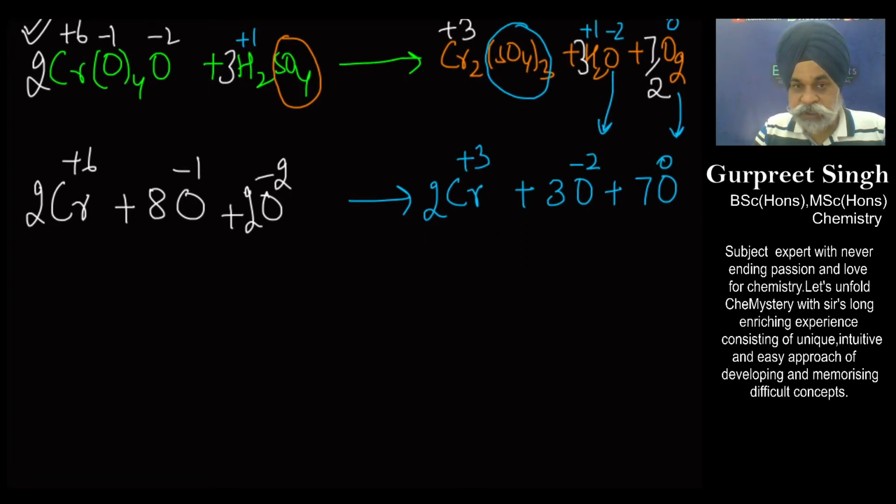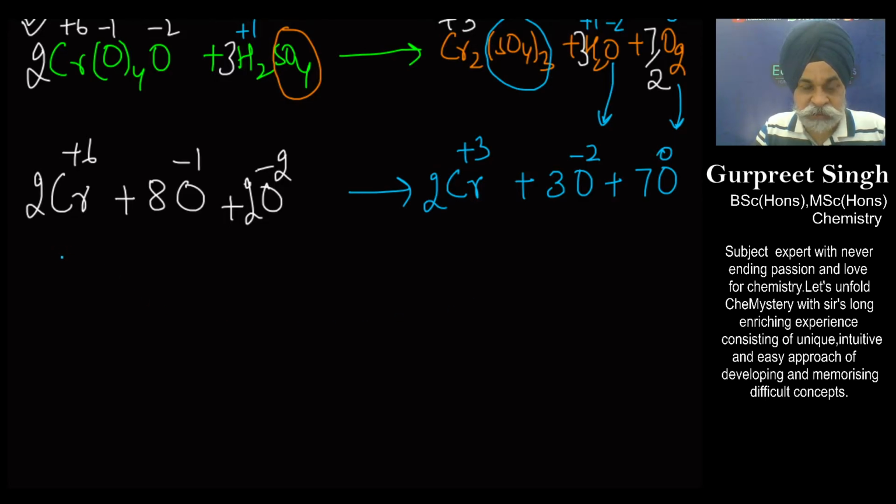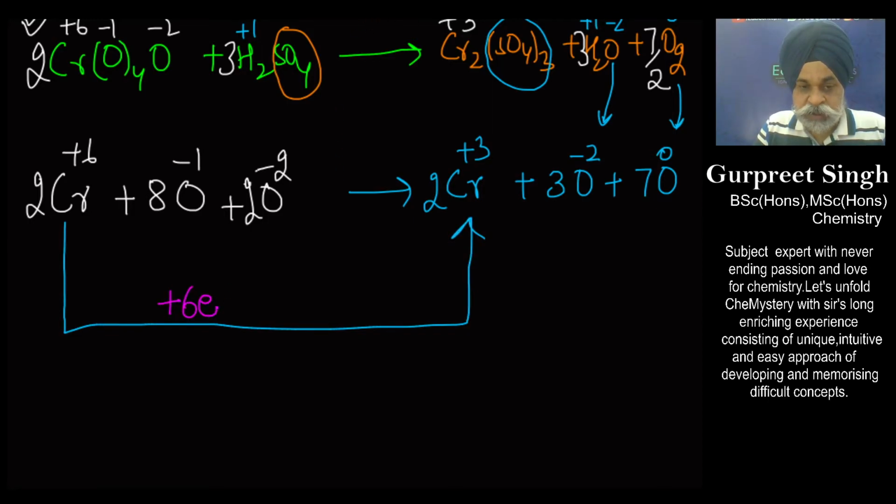Now how to do the calculation part? If I do that, chromium 6+ goes to chromium 3+, which would happen by taking 6 electrons, because one chromium 6+ going to chromium 3+ takes 3 electrons. So there are 2 chromium atoms, so it shall be taking 6 electrons. This is clear to you.